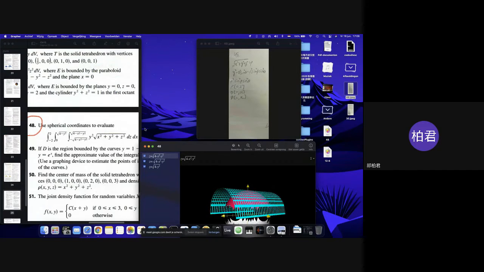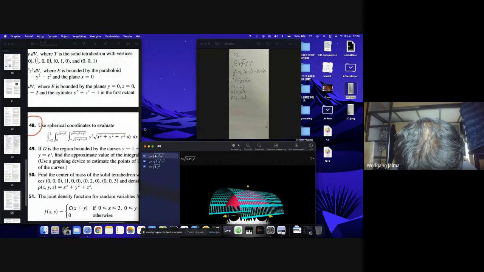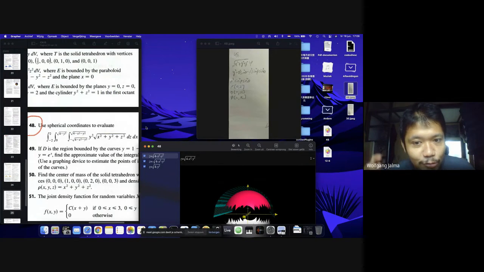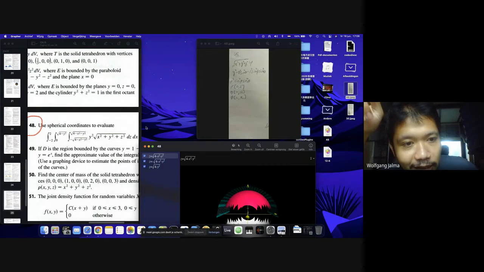Yeah, in the book they use y equals rho sine phi and sine theta, so using two different angles. Yeah.